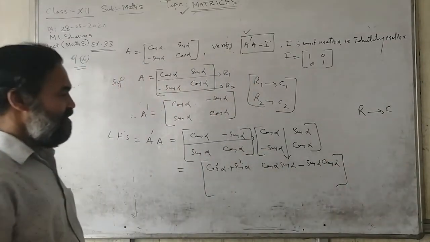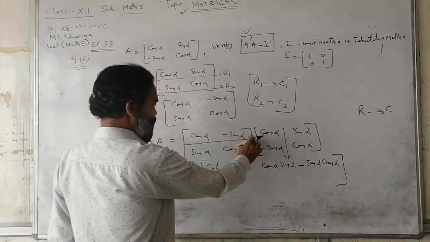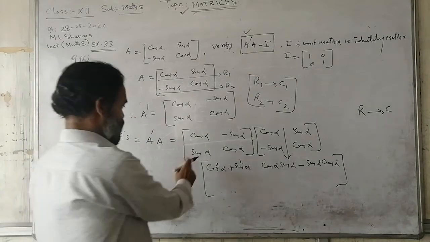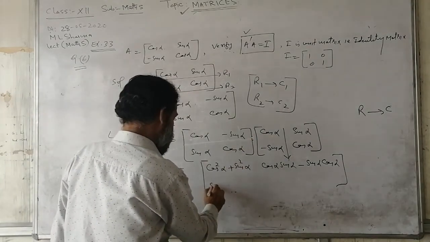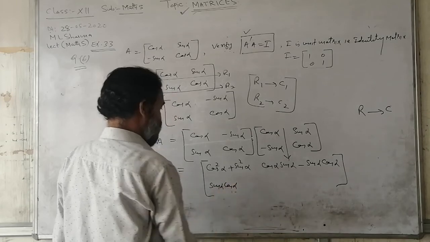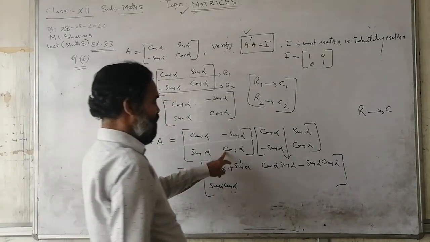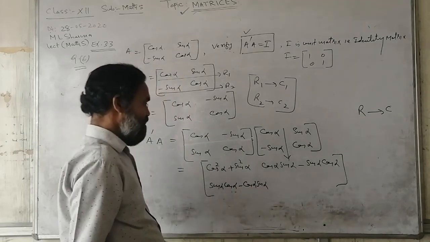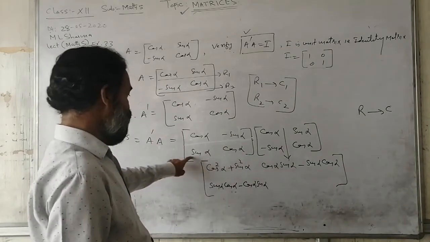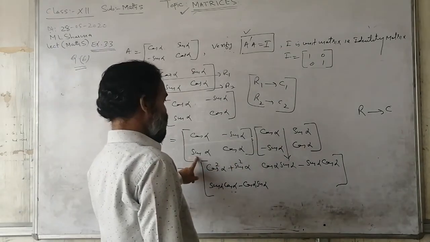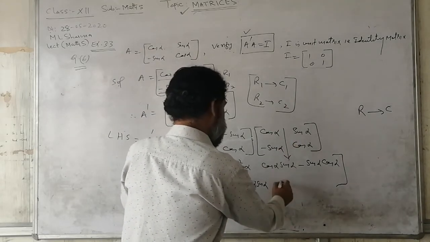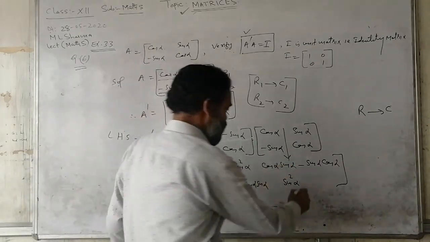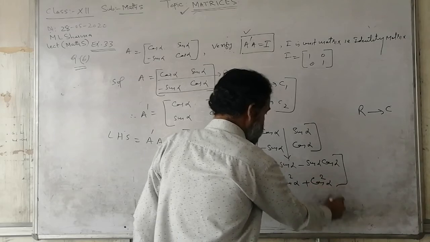These are the elements of the first row. Then for the second column of this matrix, sin alpha multiplied by cos alpha will give sin alpha cos alpha. Lastly, this row R2 is to be multiplied by C2. So sin alpha into sin alpha will give sin square alpha. Then cos alpha into cos alpha will give cos square alpha.